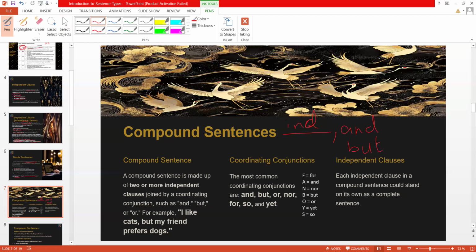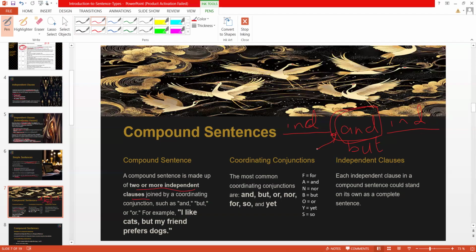Any. And then again an independent clause. This is how we make a compound sentence. A compound sentence is made up of two or more independent clauses joined by a coordinating conjunction. Before it, it is necessary to put a comma. This is the punctuation mark which should be inserted.